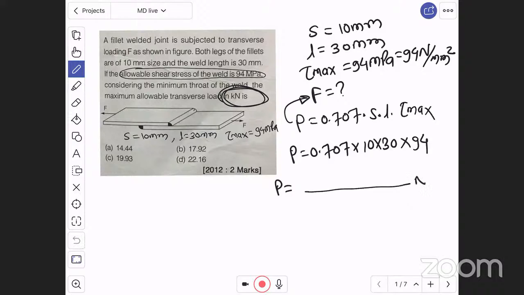From this formula, you will get the answer in Newton, but they are asking you to convert into kilonewton. Anybody solve this? Anyone solve this question? If yes, comment me.